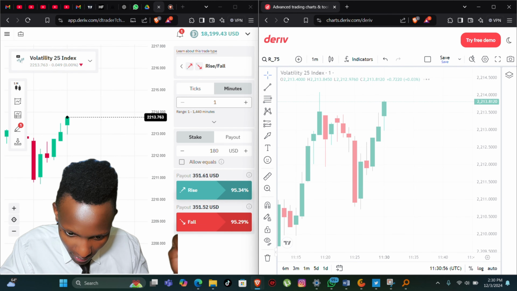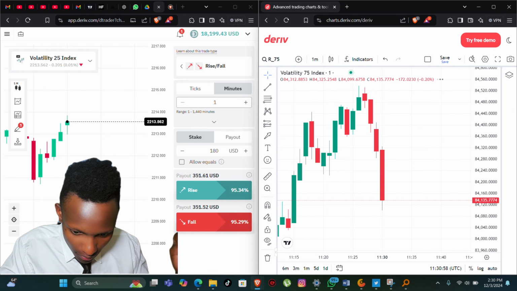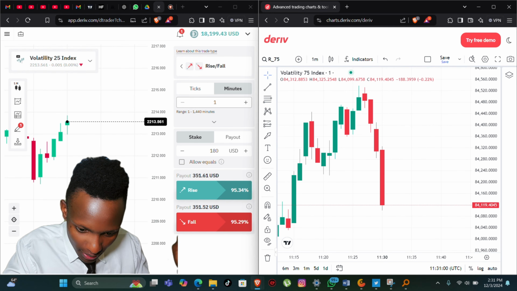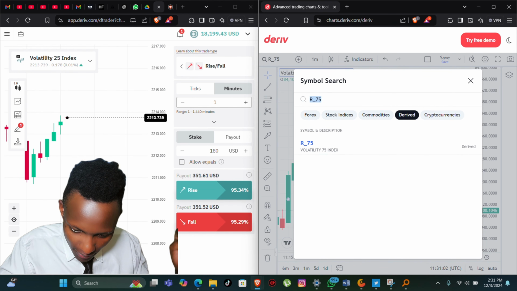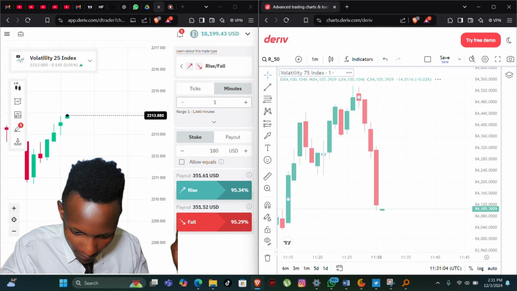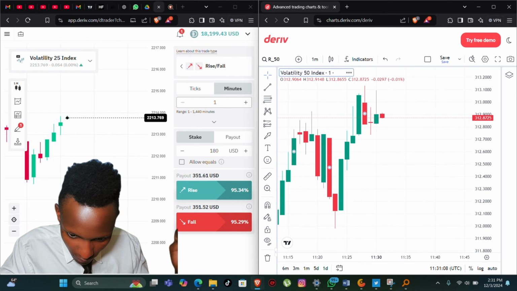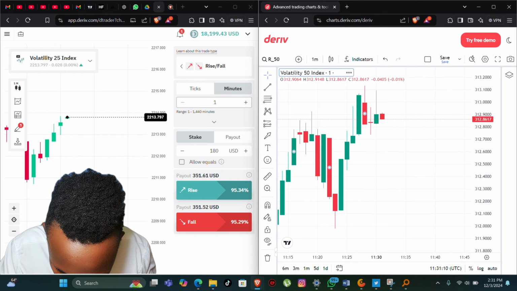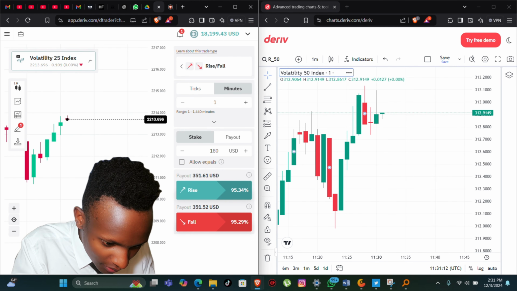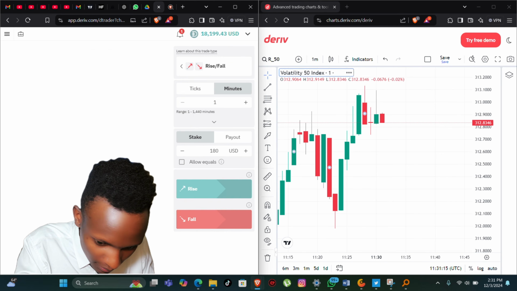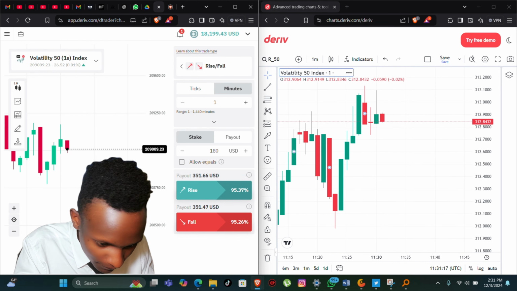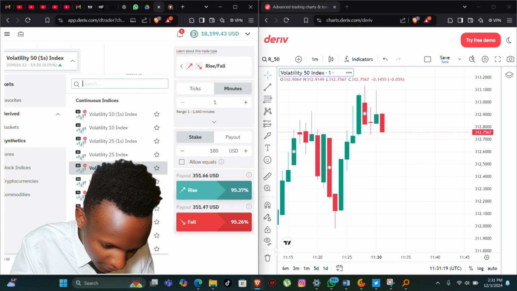Let me try 75 and see. 75 is going down quite aggressively. Let me try volatility 50. I'm trying to look for a market that is forming a pattern that I can work with. 50 index. Yes, 50 index. Let me try working with 50 index.